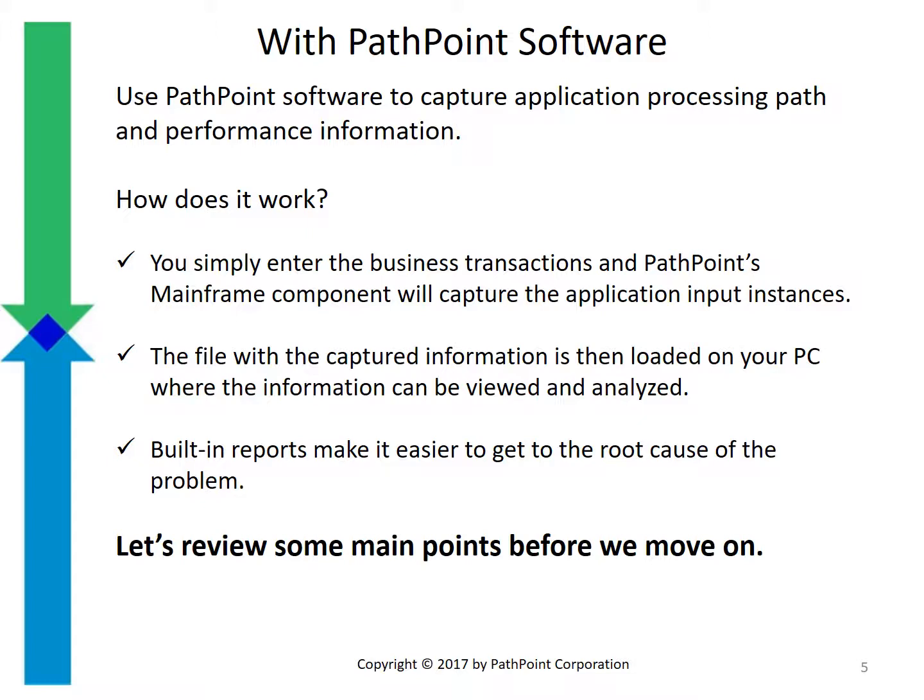The resulting file with the captured information is then loaded into PathPoint's PC component on your personal computer, where the captured information can be quickly viewed and analyzed using screen displays and built-in reports. Let's review some main points before we move on.